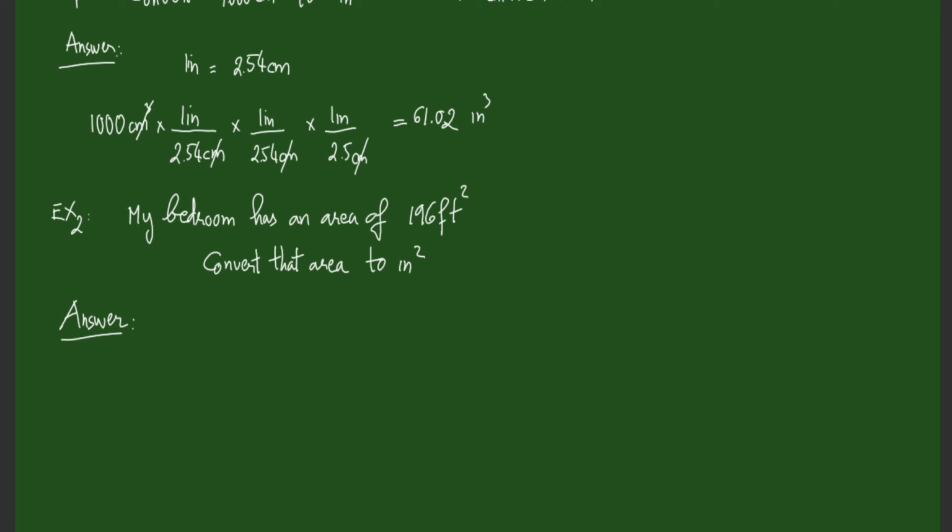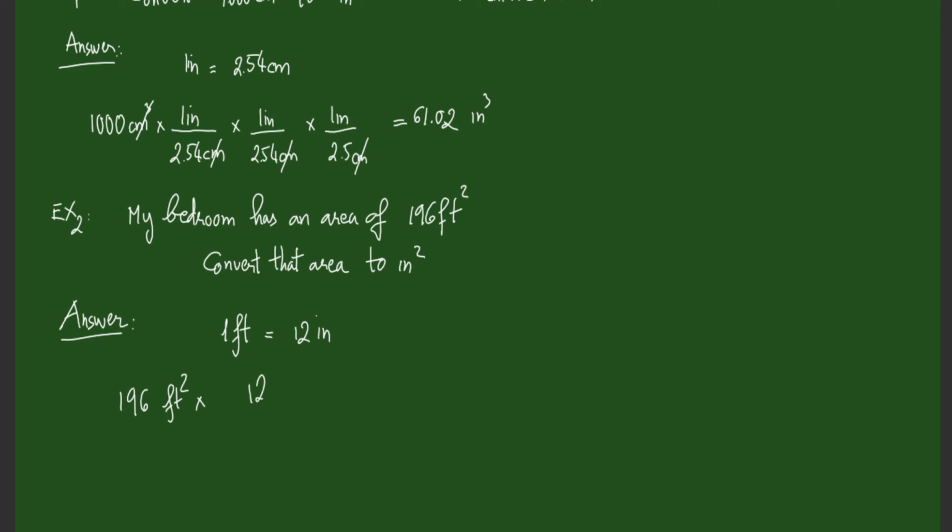We need to know the relation between feet and inch. So 1 foot is 12 inches. Feet square is feet times feet, and inch square is inch times inch. You already know that. We start with 196 feet square, and we need to multiply by something so that it cancels the feet and you have inch left.